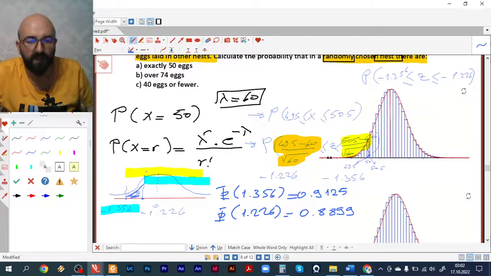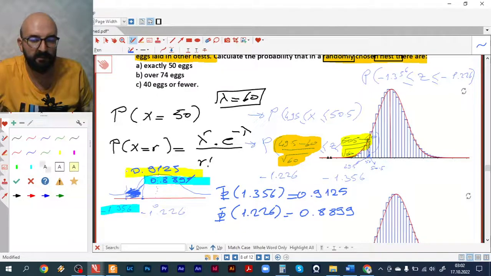Okay, the yellow area means 0.9125, the blue area is 0.8899.